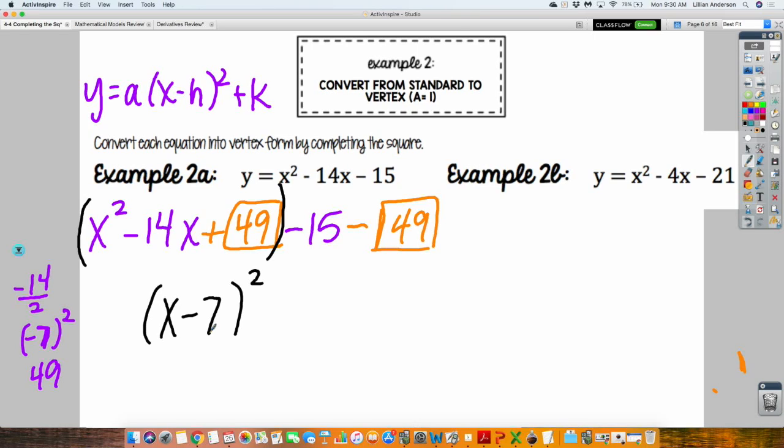So you have to add. It's negative 64. And there it is in vertex form. That is your answer. So y equals (x minus 7) squared minus 64 is the vertex form of that standard form, x squared minus 14x minus 15.